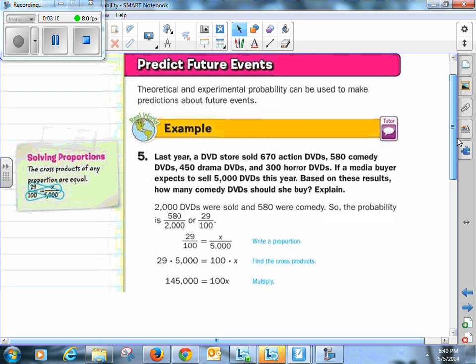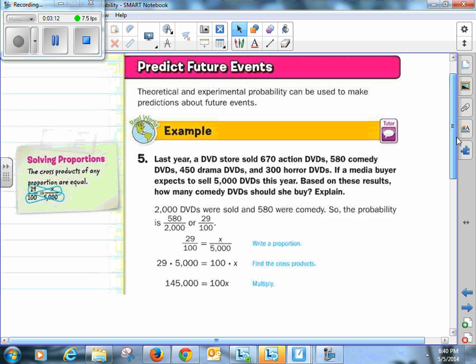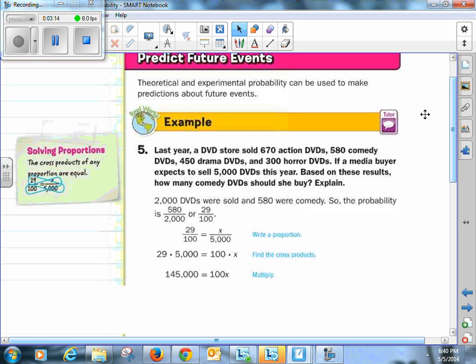And our last example here helps us to predict future events. It says theoretical and experimental probabilities can be used to predict about the future. Last year, a DVD store sold 670 action DVDs, 580 comedy DVDs, 450 drama, and 300 horror.